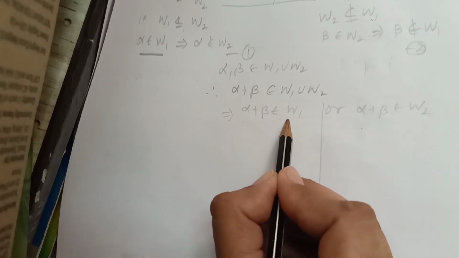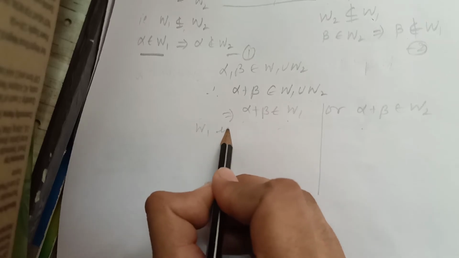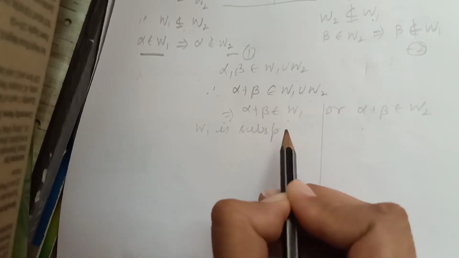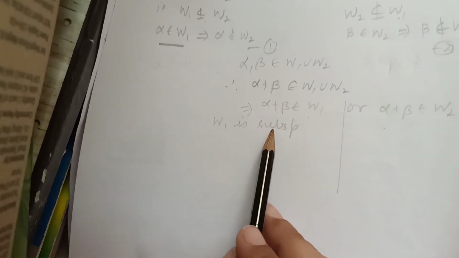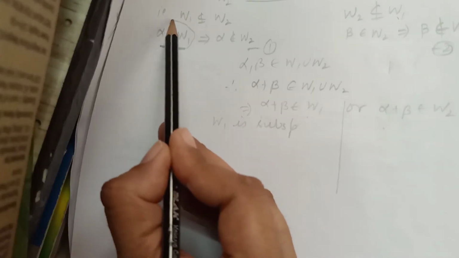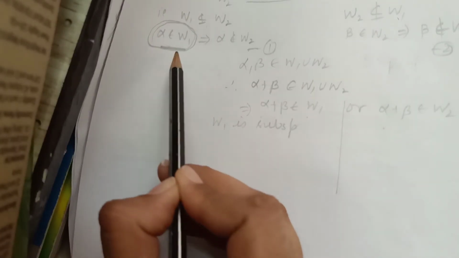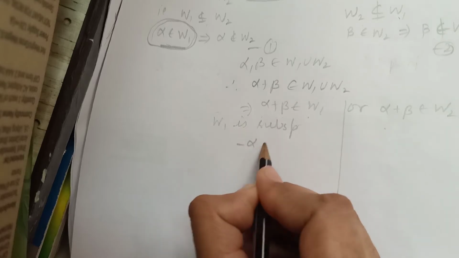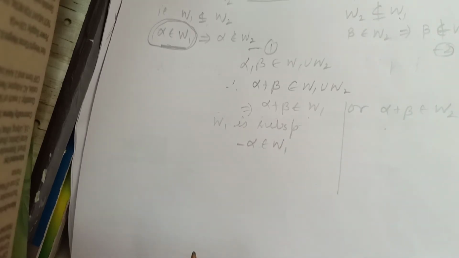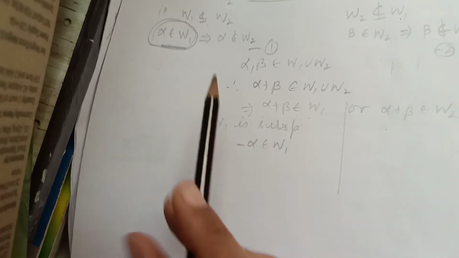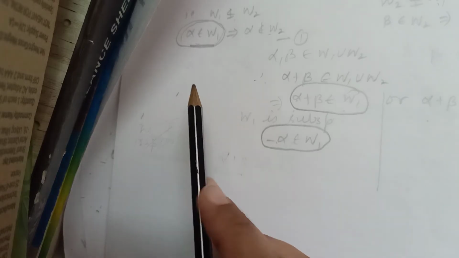If it is there in W1, now W1 is a subspace on its own. So alpha is surely in W1. So minus alpha will also be there in W1 because it is an additive inverse of alpha. Now alpha is in W1, minus alpha is in W1, alpha plus beta is in W1, and W1 is a subspace.